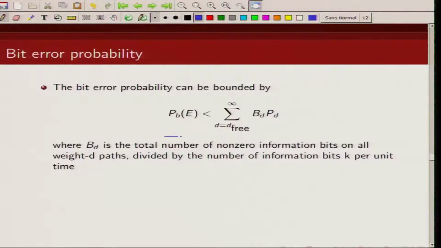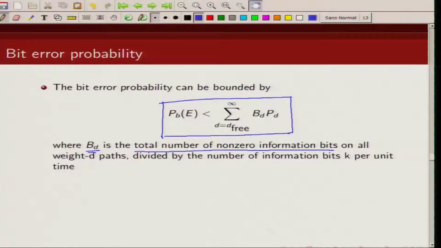So, bit error rate probability can be computed from this first event error probability. This is given by this expression, where B_D is the total number of non-zero information bits on all these weight D incorrect paths, divided by k information bits per unit time.